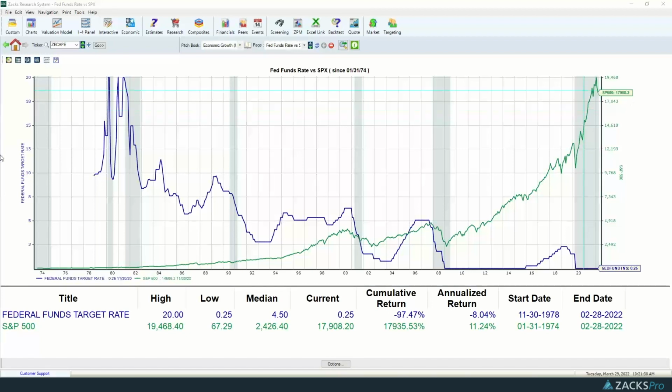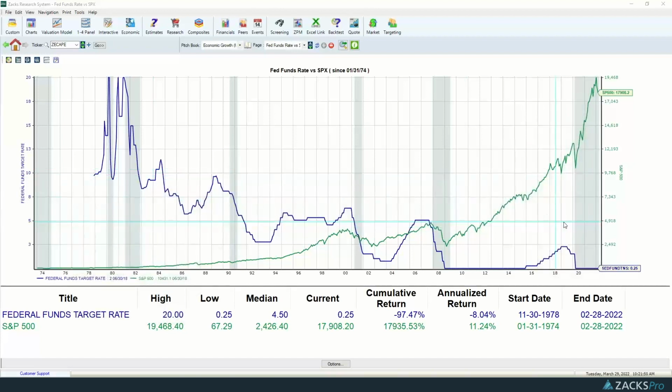This is a chart going all the way back to the 70s, so we have a good amount of data, which captures the last time we had hyperinflation, which is what everybody seems to be comparing to today, given the CPI is registering very high readings, basically the highest we've seen in about 40 years.